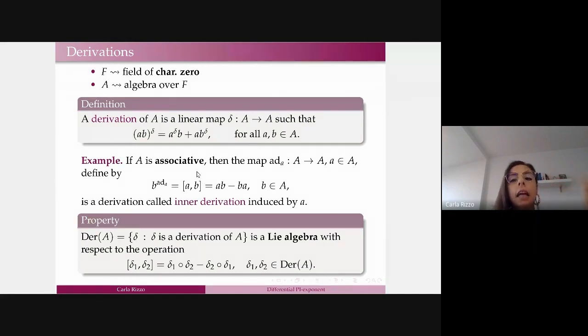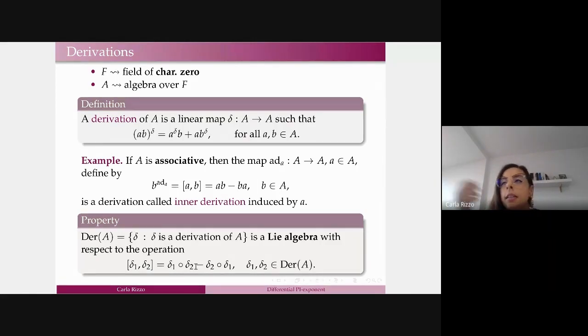In fact, it is a Lie algebra, with respect to this operation, where here we have the composition of derivations. We have to be careful because the composition of derivations is not in general a derivation. However, when we take the commutator, we always get a derivation.